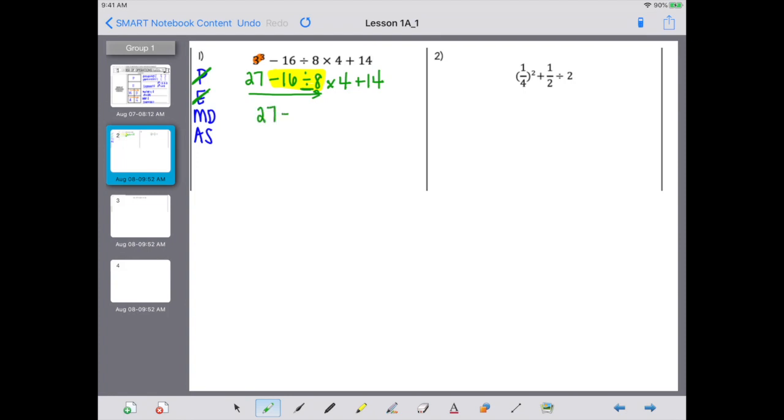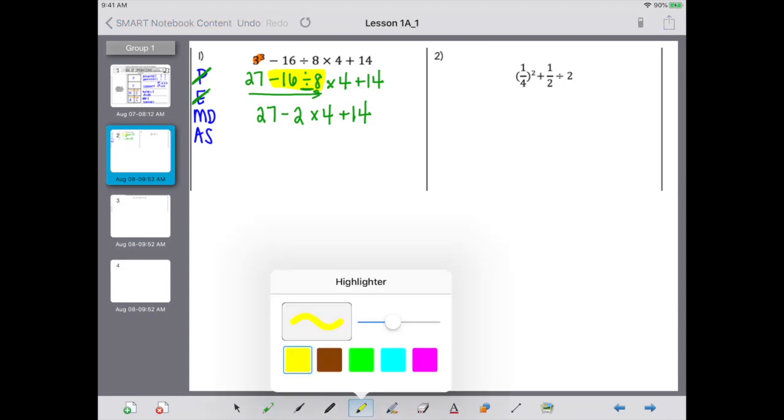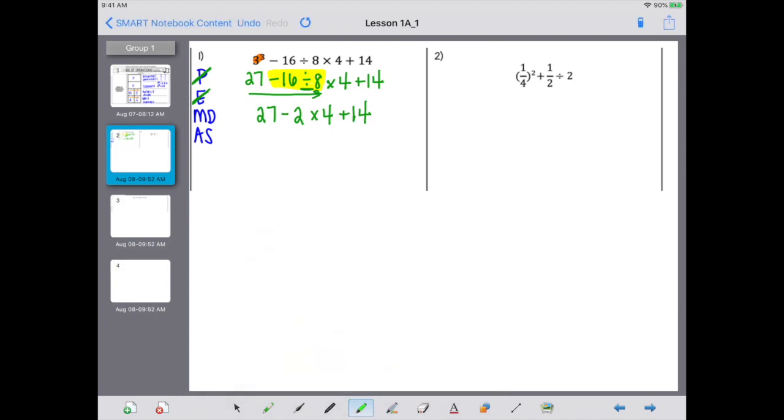We have the subtraction. 16 divided by 8 is 2 times 4 plus 14. Again, still rewriting everything so I can keep track. All right, so now we have multiplication. We have 2 times 4. So we have 27 minus 2 times 4 is 8 plus 14.